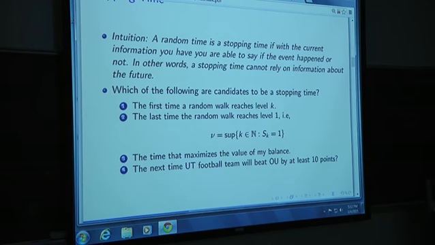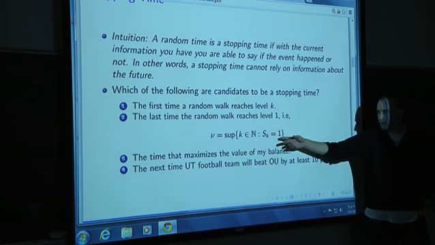So the first time a random walk reaches level K, is that a stopping time? Yes, because when it reaches level K, I am seeing that it reached level K. So I have my clock. I started when the random walk started, and 1, 2, 3, when it reaches level K, stop the clock. So then I have a stopping time. The last time the random walk reaches level 1.